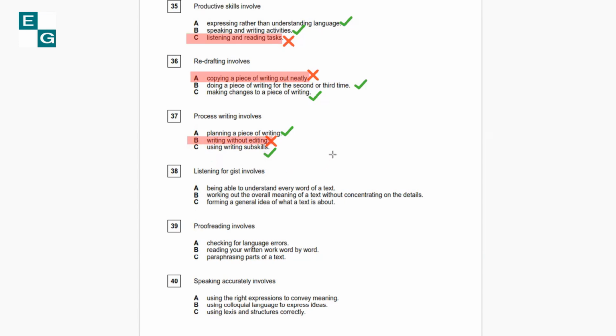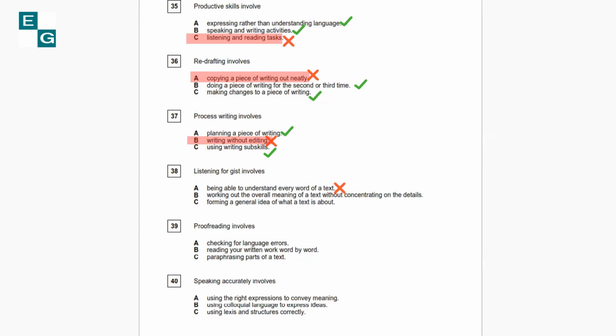Then number 38, listening for gist involves, let's think about it, being able to understand every word of a text. Maybe that is listening for detail.